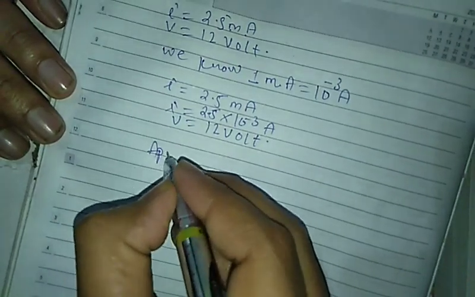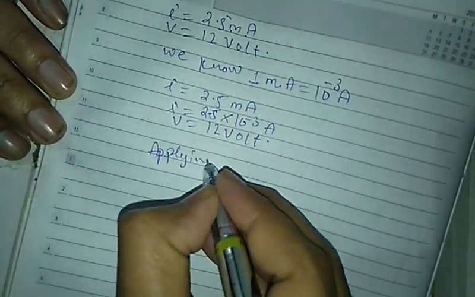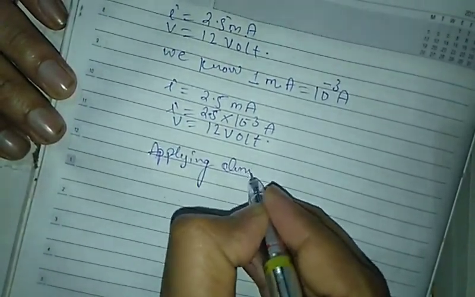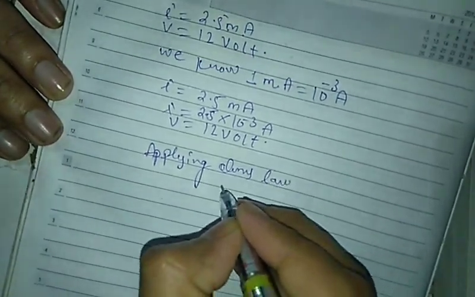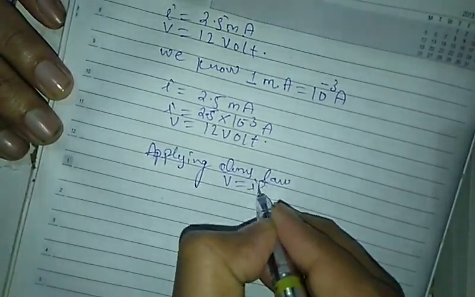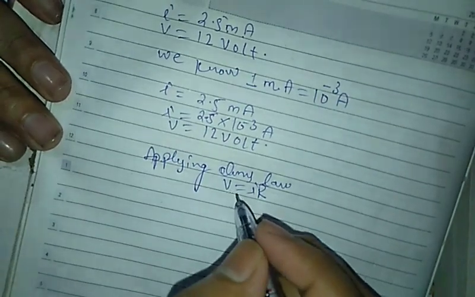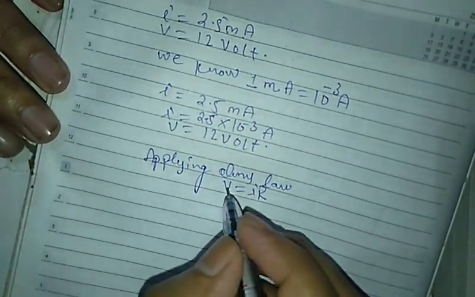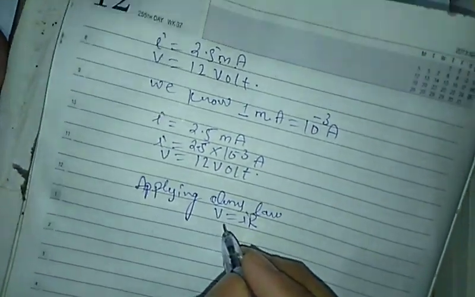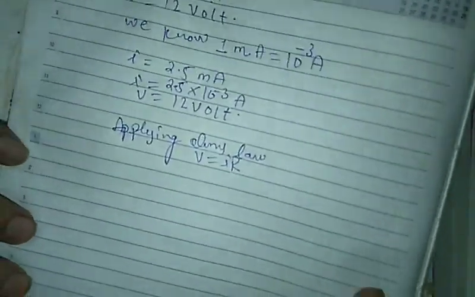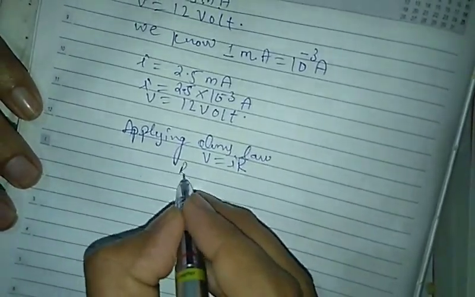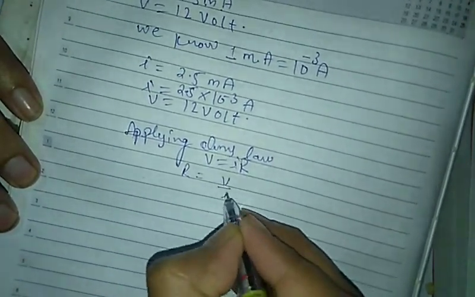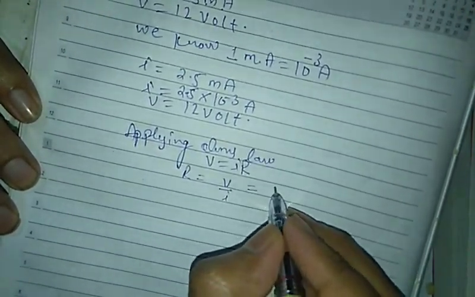Okay, students, now applying Ohm's law, V equals IR. So what do we have to find, students? We have to find resistance. So we will get resistance R equals V upon I. What is the value of V?